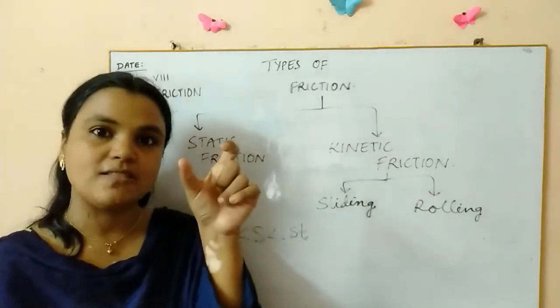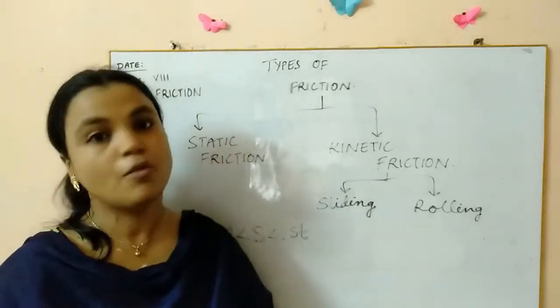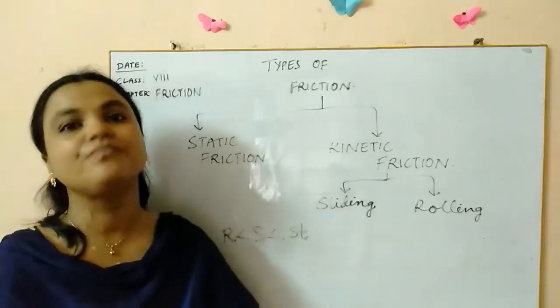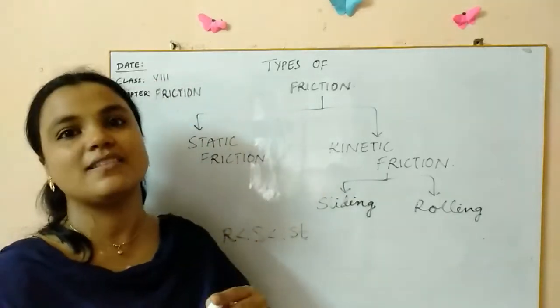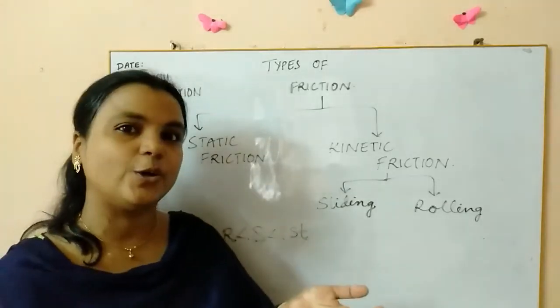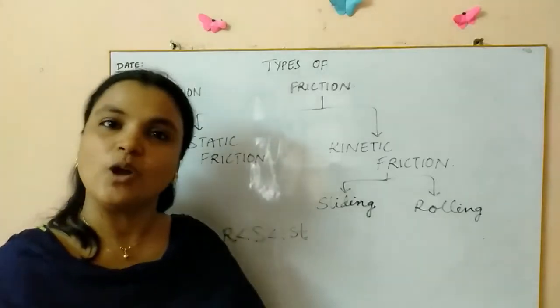So, if the mass is more, the friction will be more, I said. So, in order to increase the friction, what you need to do? Should you decrease the mass or increase the mass? Yes, you have to increase the mass in order to increase the friction. And in order to reduce the friction, you have to decrease the weight, or nothing but the mass of the object, right?